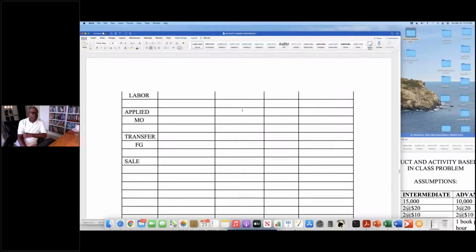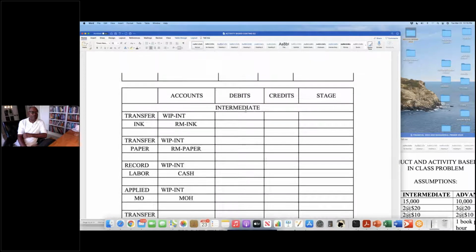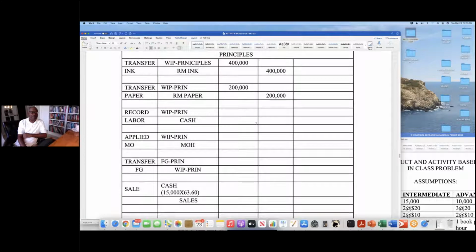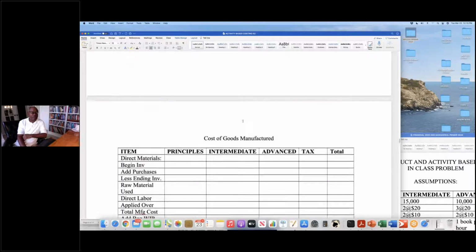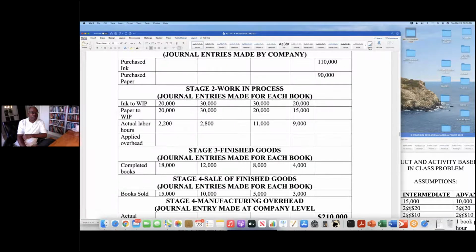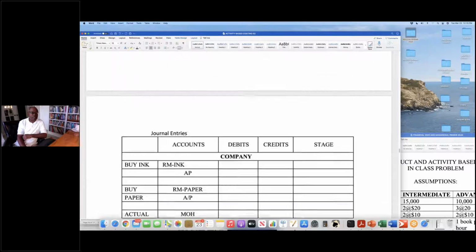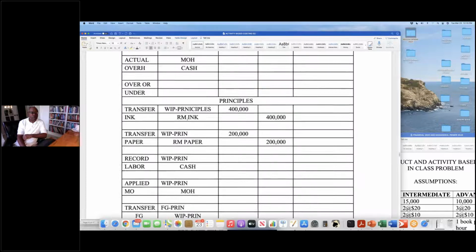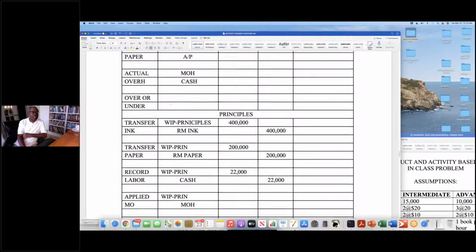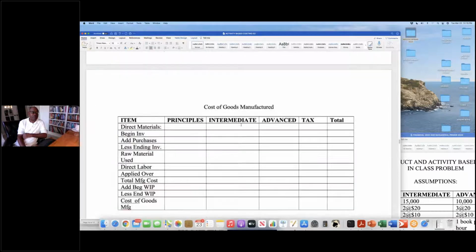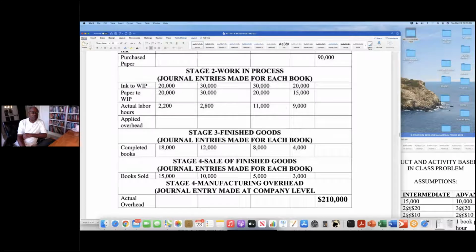You got another journal entry for us? I have the labor and the manufactured overhead. Labor is 22,000, or 2,200 hours at $10 an hour. What's the overhead going to be? 17,600. How'd you get that? POR, or activity rate, of 8 times the actual labor hours of 2,200.